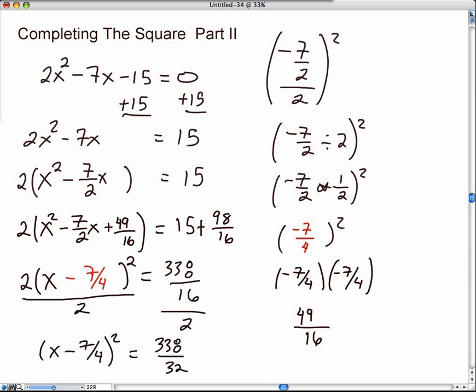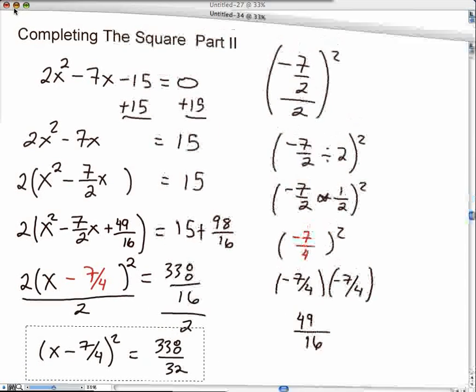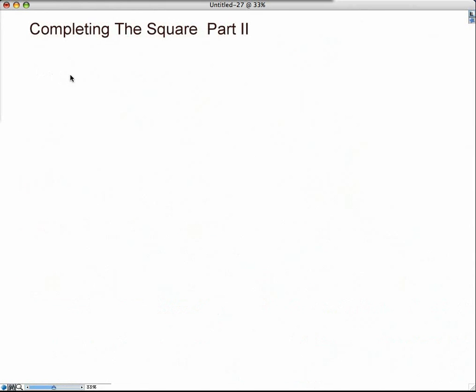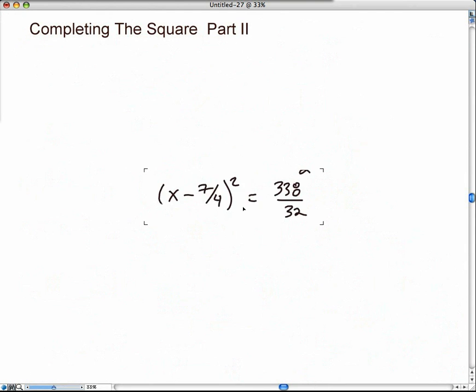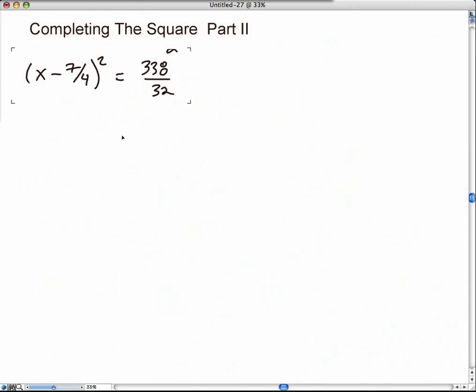So what I'm going to do is copy this and paste it on a new sheet here. All right, so what are we going to do? Well, if I take the square root here, it's going to be a little bit hard to take the square root of 32 and the square root of 338, especially when I don't have a calculator.